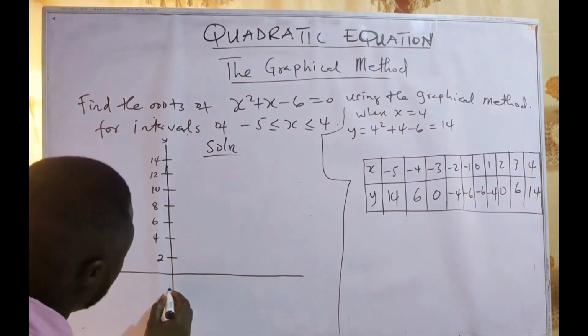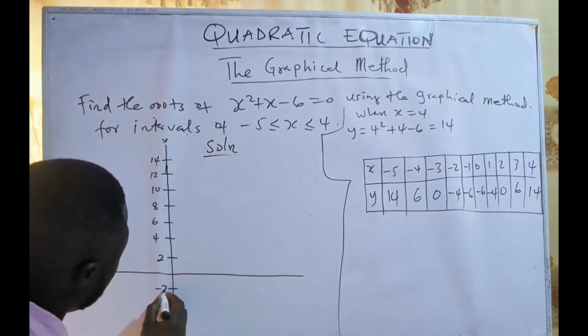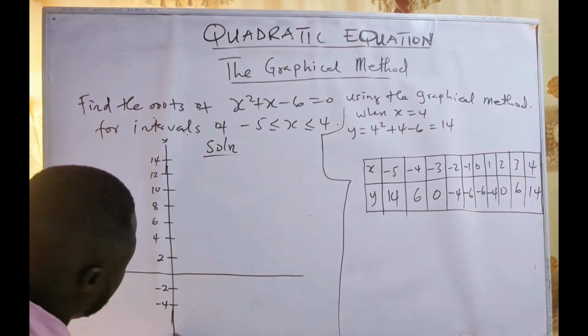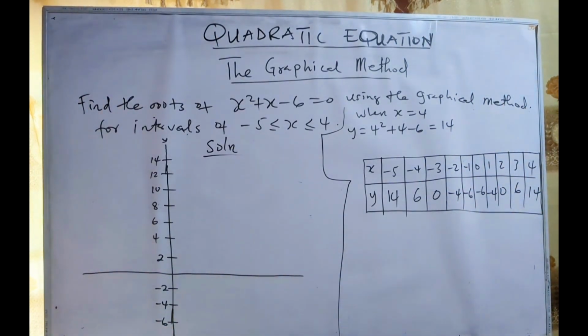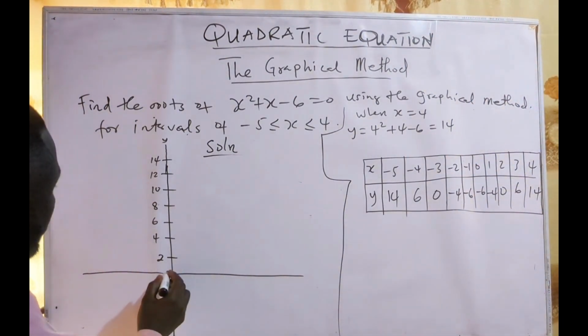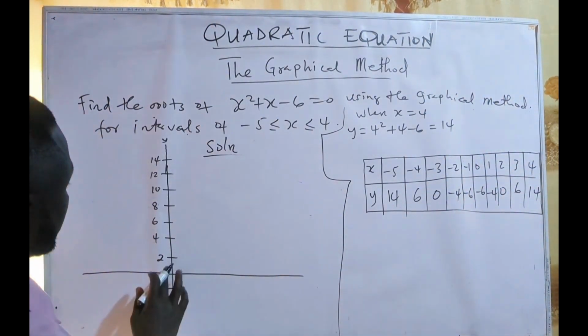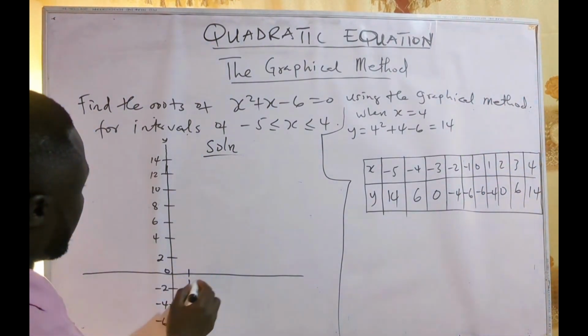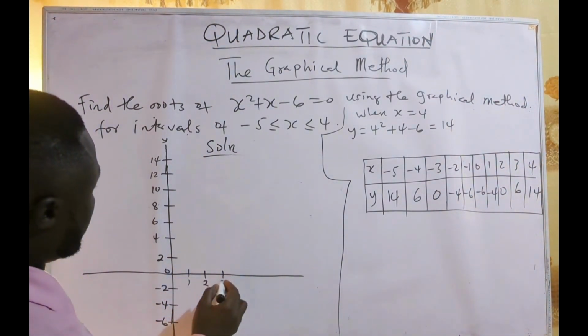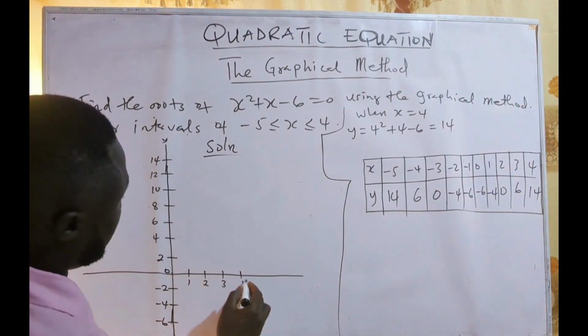Okay, then we have here negative 2, negative 4, negative 6. That's alright. And then on the x axis too, let me use 2 centimeters to 1 unit. So 1, 2, 3, 4.